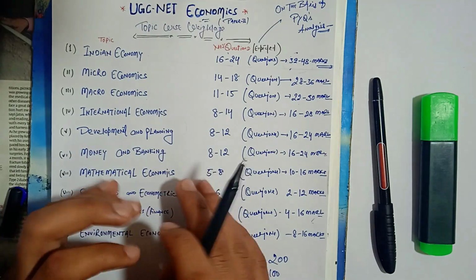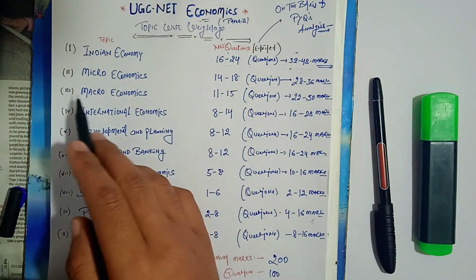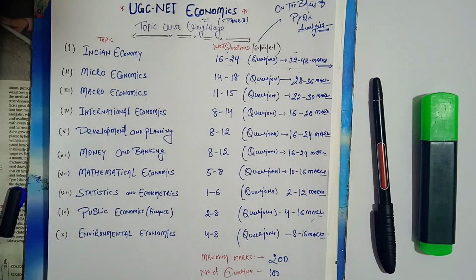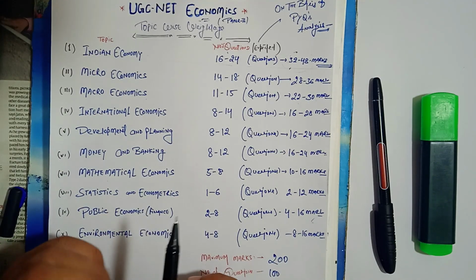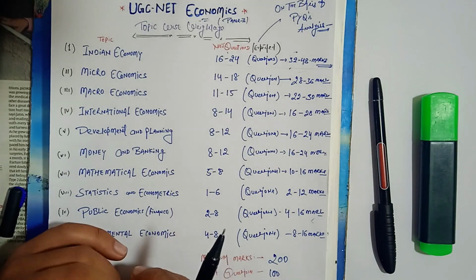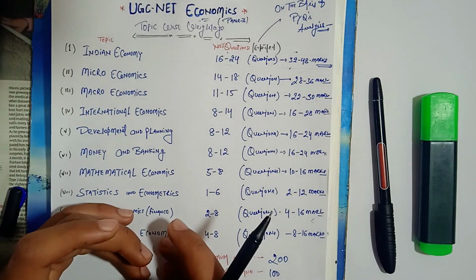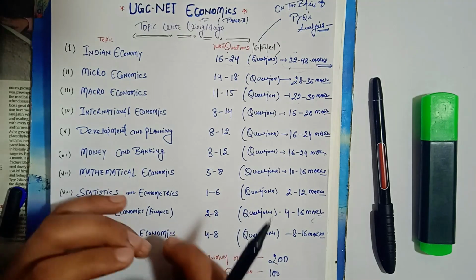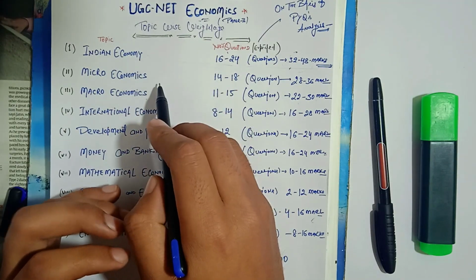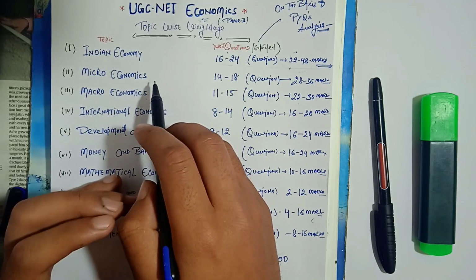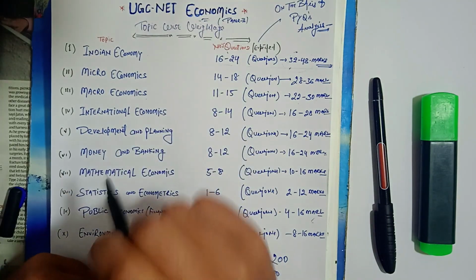The other remaining ones make up about 55%. So try to focus more and sharpen your basics of these topics, because these are very scoring and also easy topics.